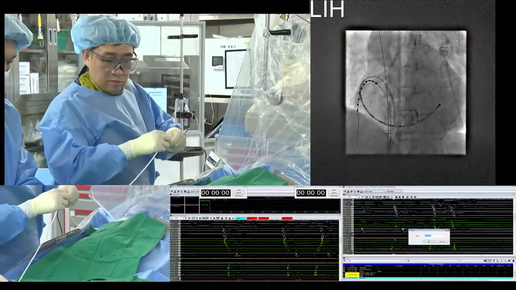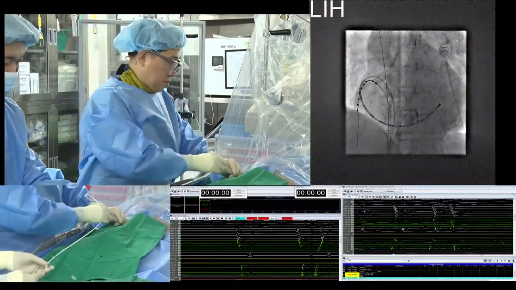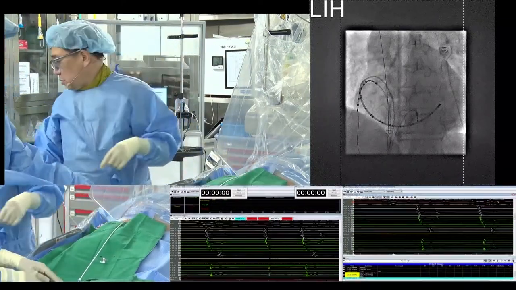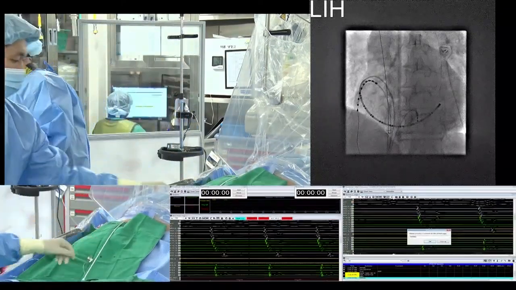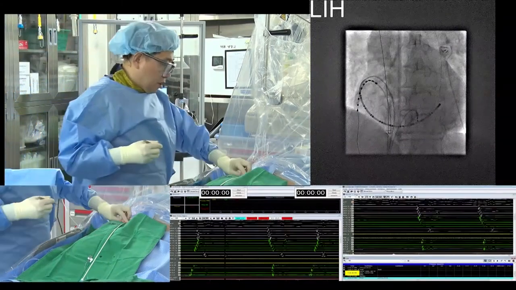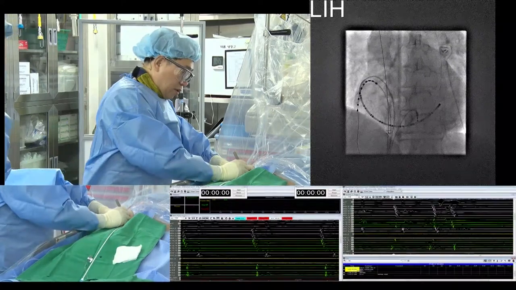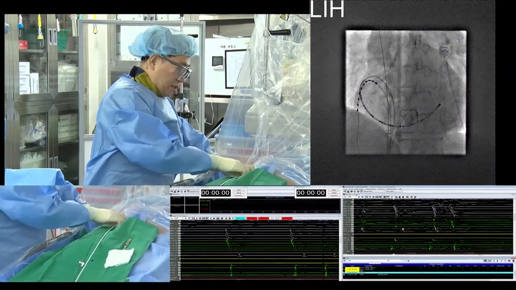This guide wire is put inside of the SVC, and we put the transseptal sheath into the innominate vein along this guide wire and make a small incision on the skin.